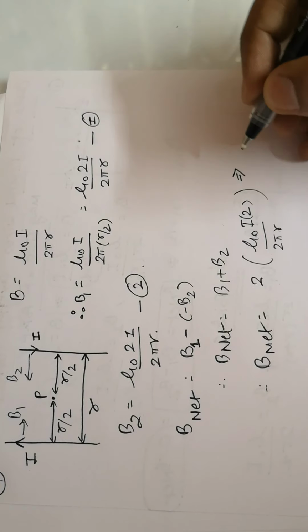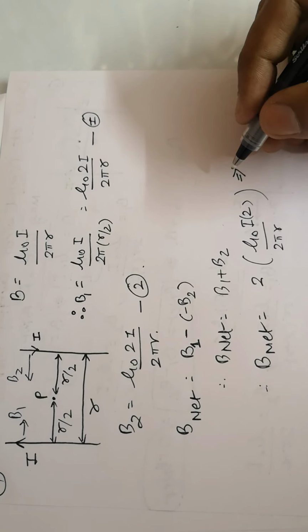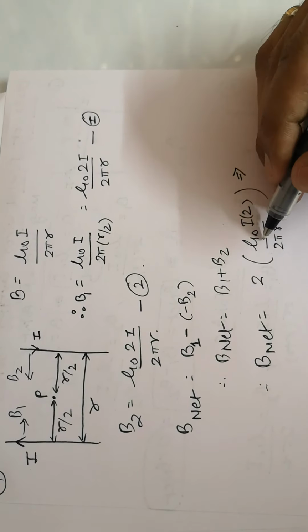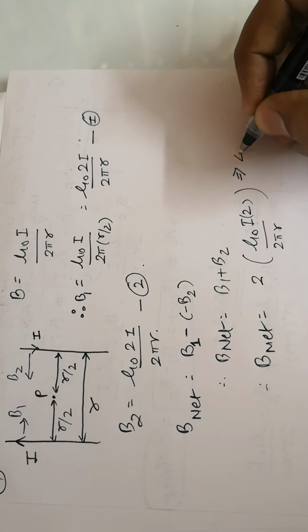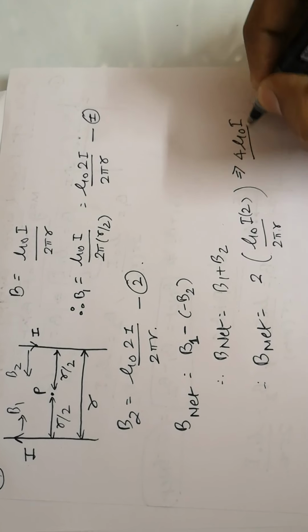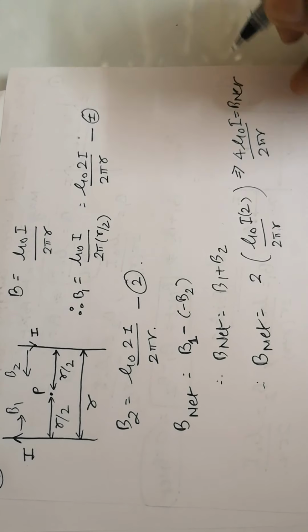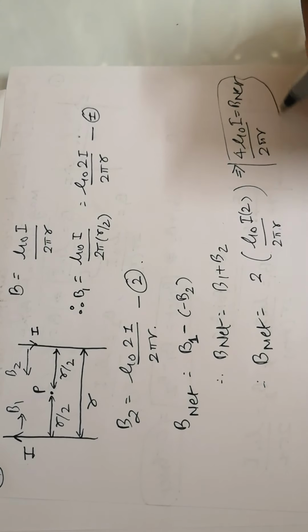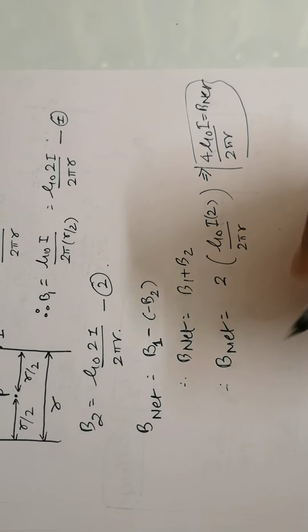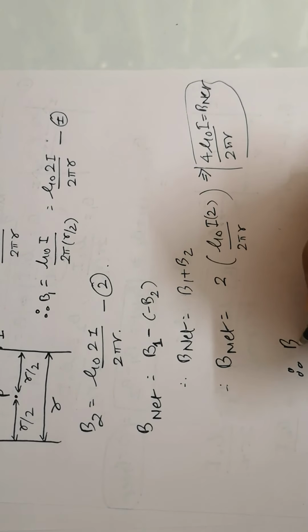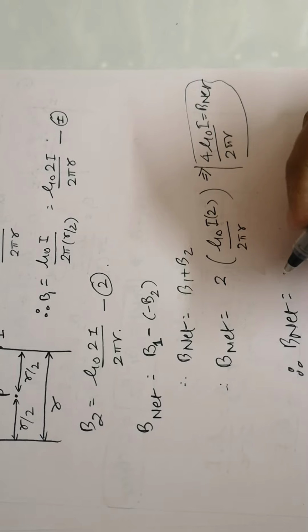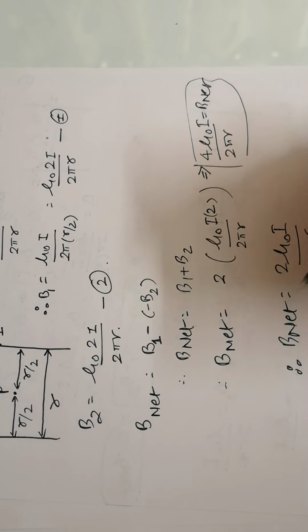So that is twice of mu 0 I, so you can say 4 times mu 0 I divided by 2 pi r, and conventionally we are in the habit of cancelling out 2 and 2. So I get the value B of net equals 2 times mu 0 I divided by pi r.